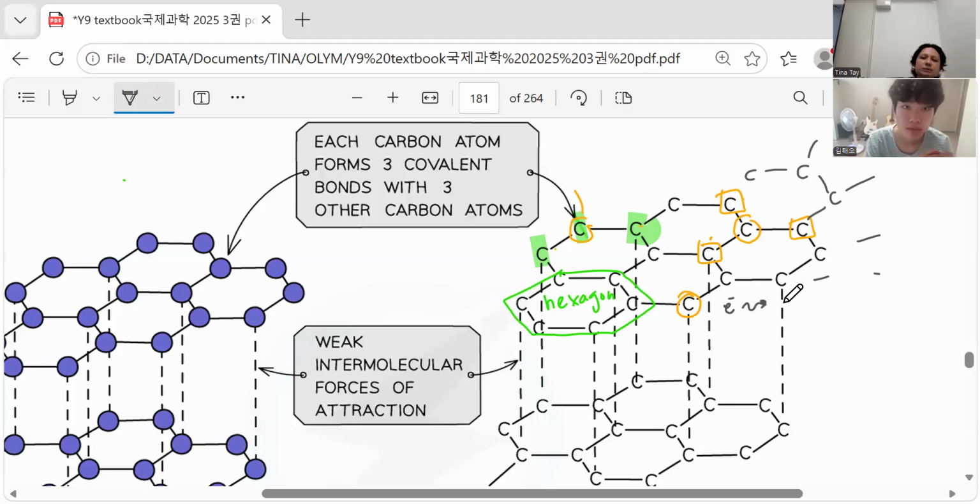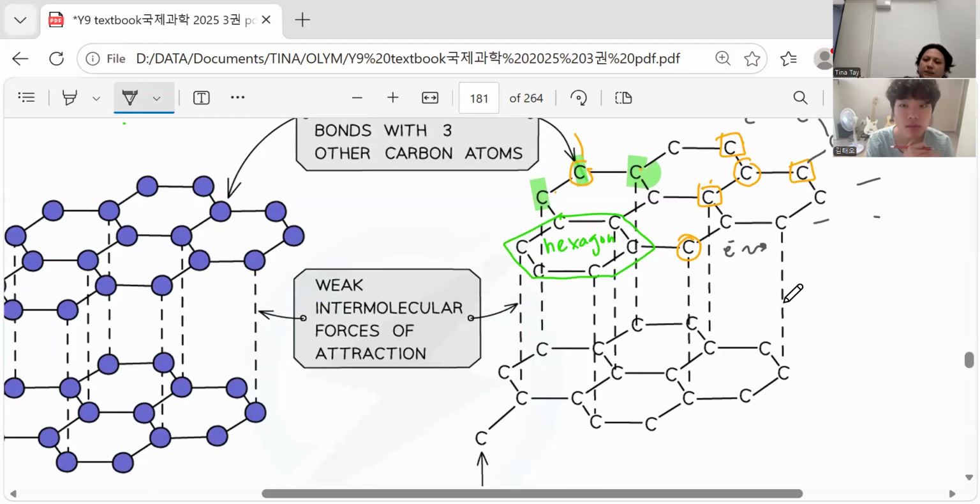All right, so between one giant layer and another giant layer, there are weak intermolecular forces of attraction. Do you remember the intermolecular? Yeah, but this intermolecular force is much stronger than in carbon dioxide, hydrogen chloride and methane. Why? Because this molecule is so big.